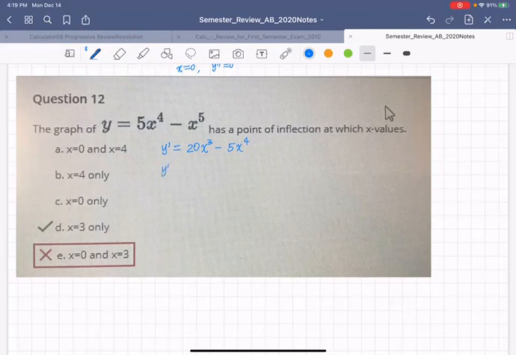Y second prime equals 60x squared minus 20x cubed. Right? So this one you factor 20, then x squared, and then 3 minus x. Correct?